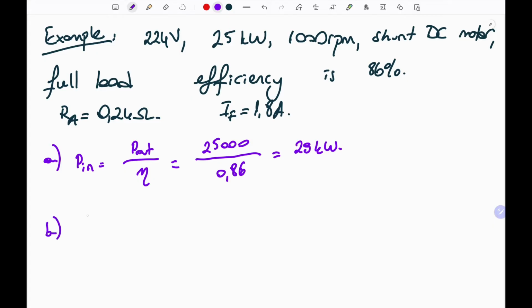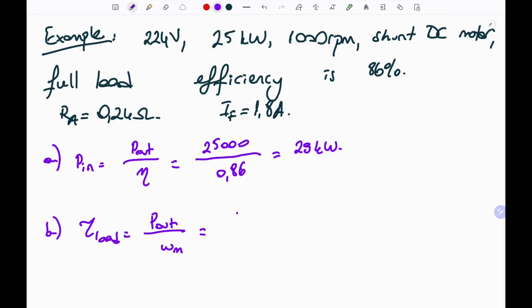Then let's continue with the load torque calculation. For the load torque, it is related with the output part of the motor. So output power divided by the angular velocity, motor speed.